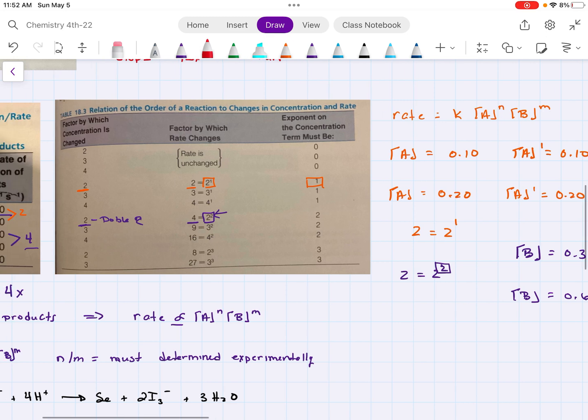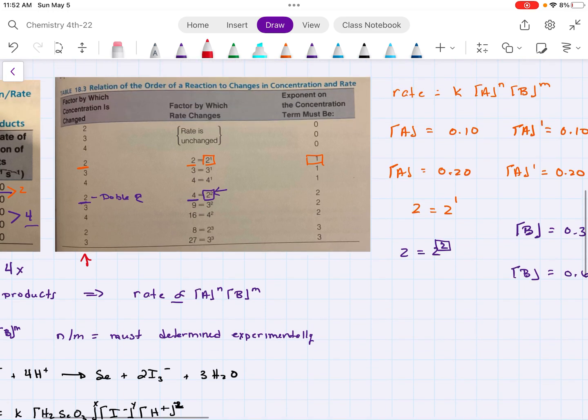So let's take a look at this table a little bit further and see exactly if we can figure out what's going on here. These numbers here represent the change of the initial concentration, the concentration that was changed in the reaction. This number here represents the amount of product that was formed, and then this number over here represents the factor at which it changed.